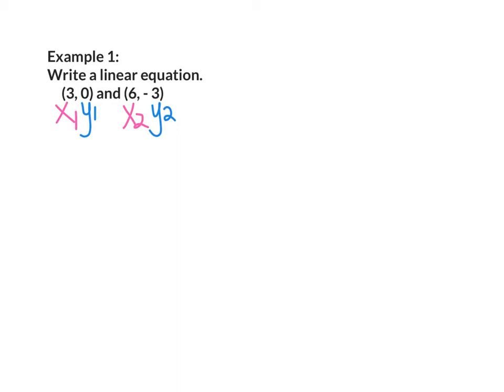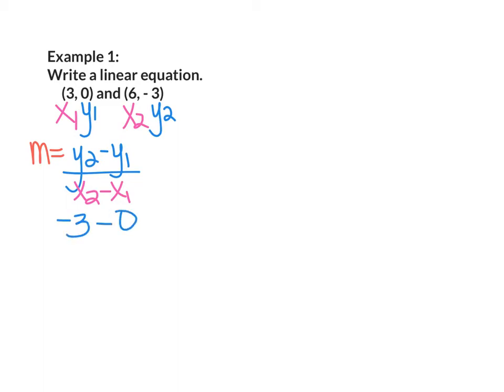Now my equation to find slope is m equals y sub 2 minus y sub 1 all over x sub 2 minus x sub 1. So y sub 2 is negative 3 minus y sub 1, which is 0. x sub 2 is 6 minus x sub 1, which is 3.